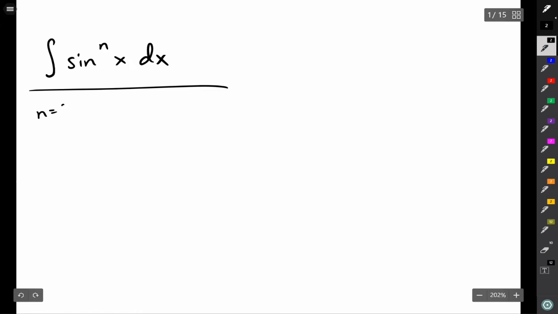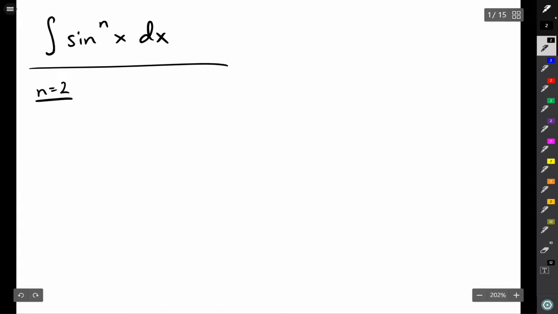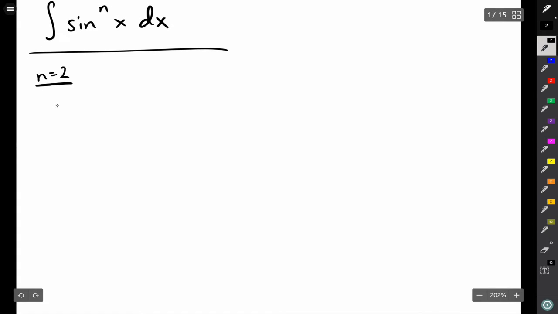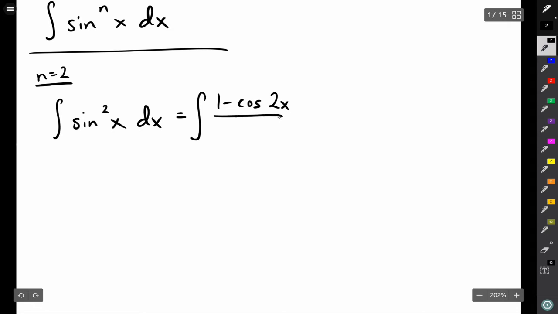Right, well, if n is 2, we've actually done a couple of these already in the problem sets. But if we have, say, sine squared x dx, to integrate that, we have to swap this for (1 minus cosine of 2x) over 2 dx.